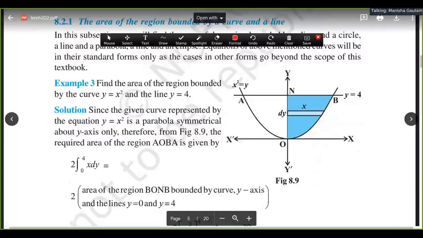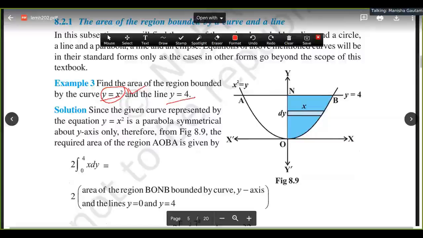Find the area of the region bounded by the curve y is equal to x squared and the line y is equal to 4. As I have told you, you must have knowledge of chapter 11, conic sections. If you don't know what type of curve is given to you, then you can't plot the graph.